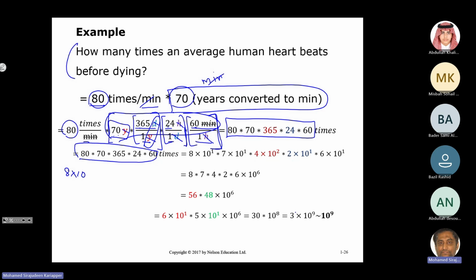8 can be written as 8 into 10 to the power 1, right?